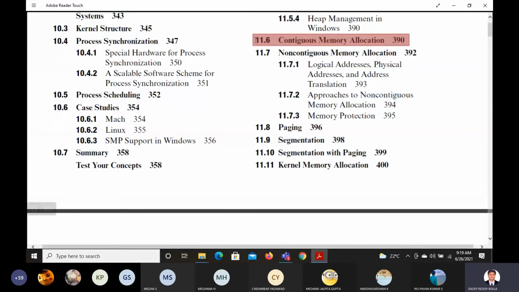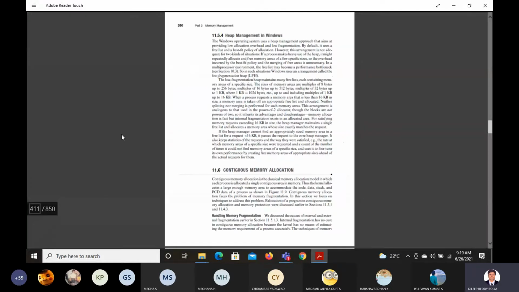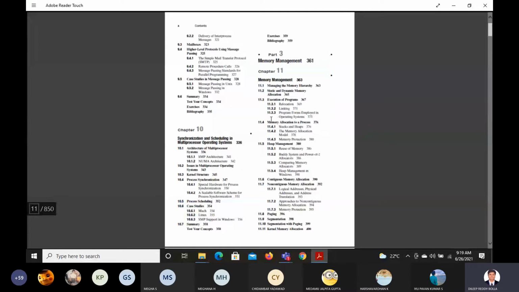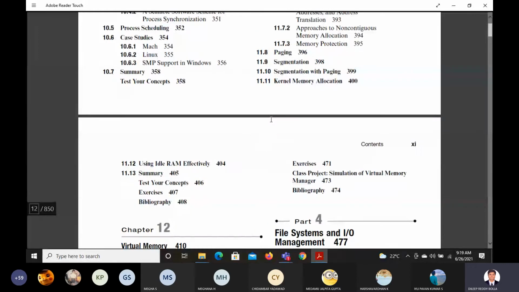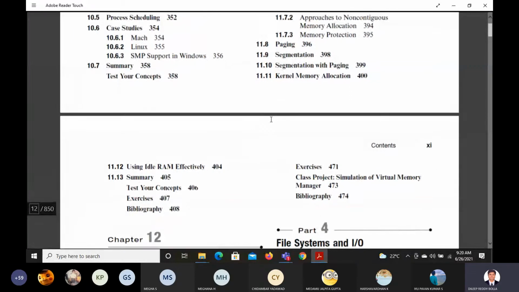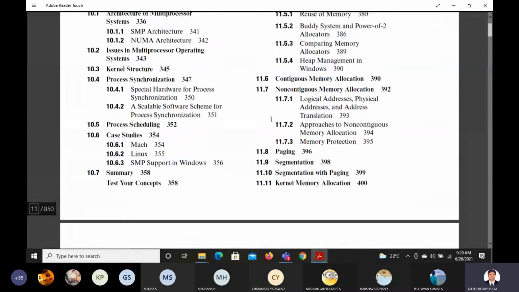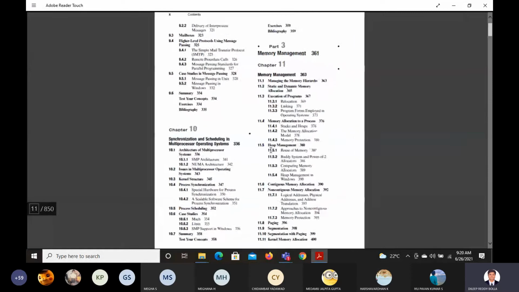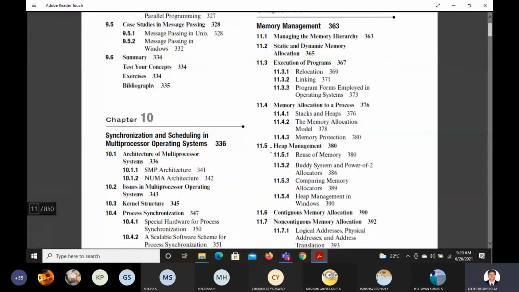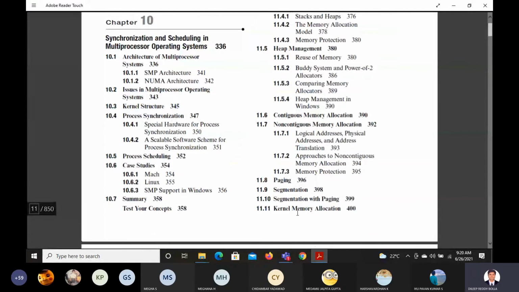If you observe carefully here, it was 390 page we are trying to see, right? This much is good enough. 390 up to where we went, 400. That's all. 10 pages. At that too, kernel level memory allocation is not there. Only 399, from here to here.